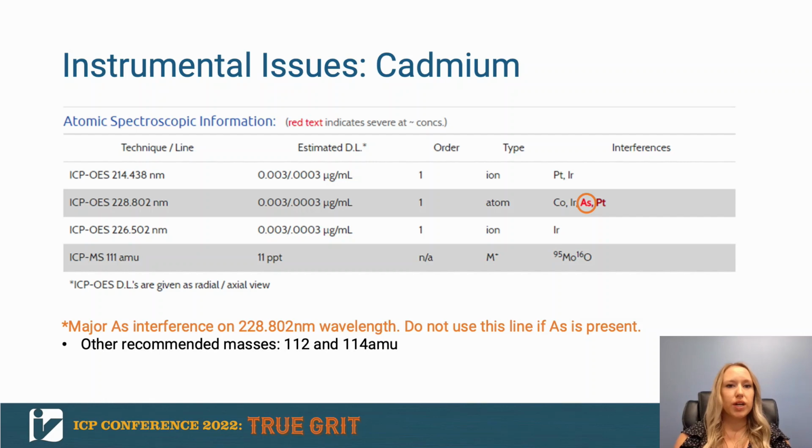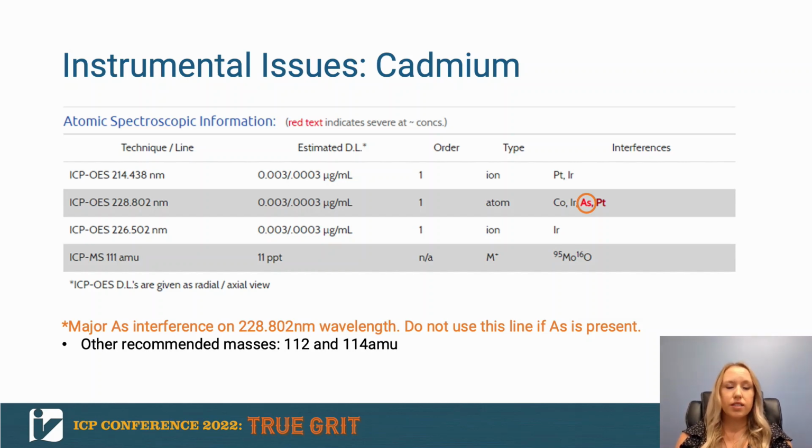Cadmium of the big four is probably going to be the easiest or have the least amount of issues for an analysis on ICP, but I did want to still provide the table to give you some recommended wavelengths and masses to look at for cadmium. And just a reminder, the 228 wavelength on ICP OES is going to have that arsenic interference.